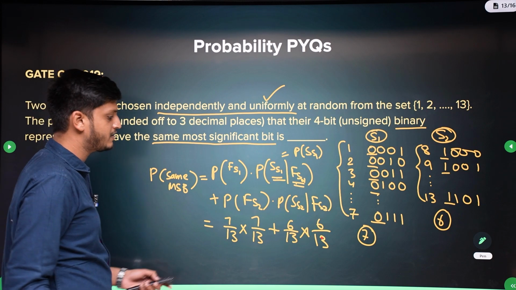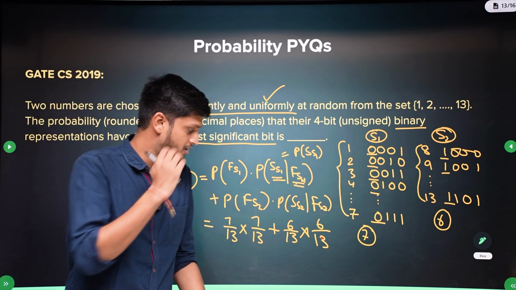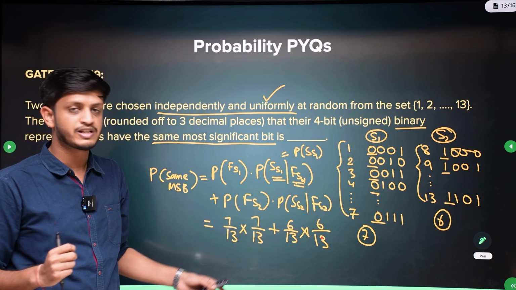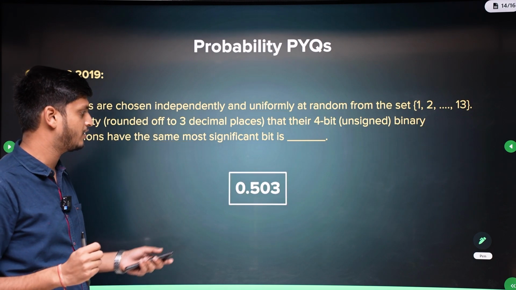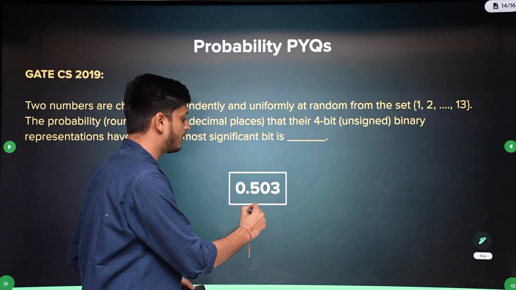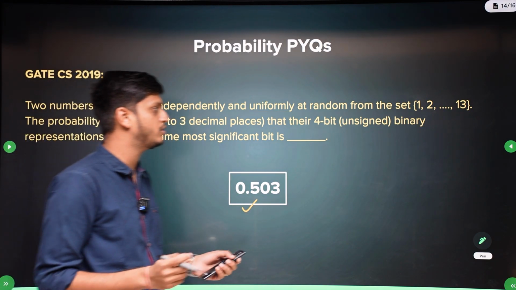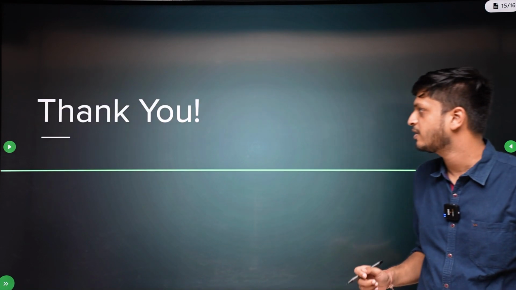So it's 49 plus 36 over 169. Using a calculator, you'll get 0.503. So there are around 50% chances that both numbers have the same most significant bit.